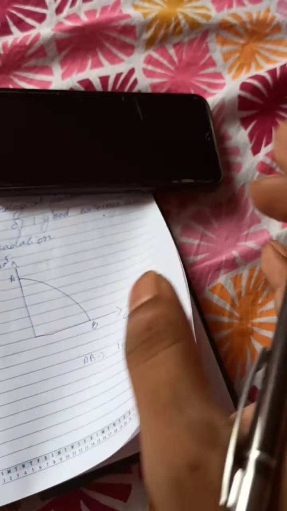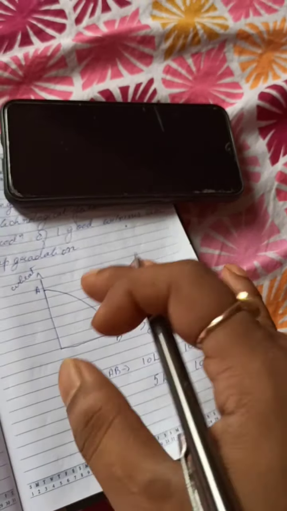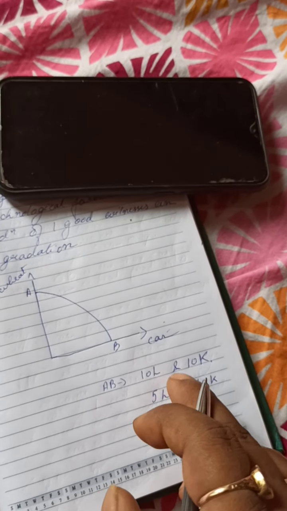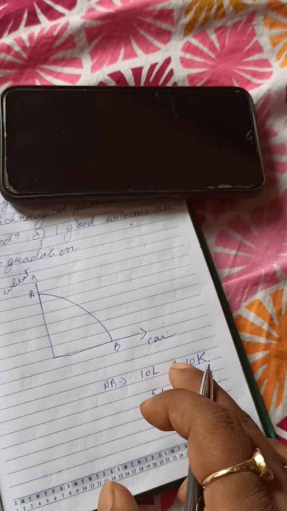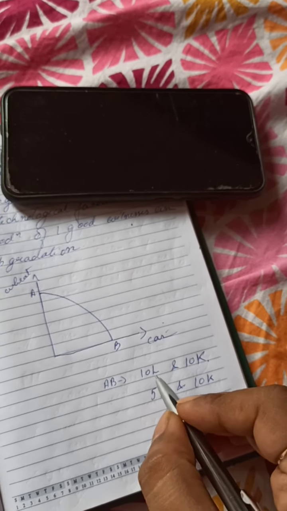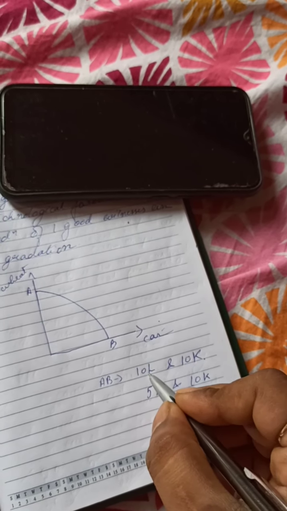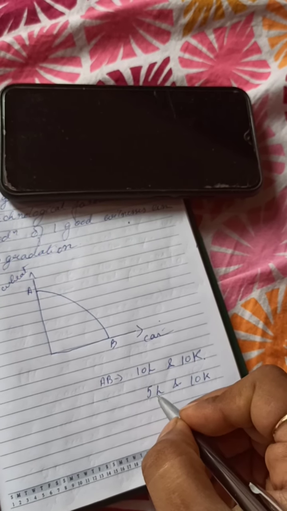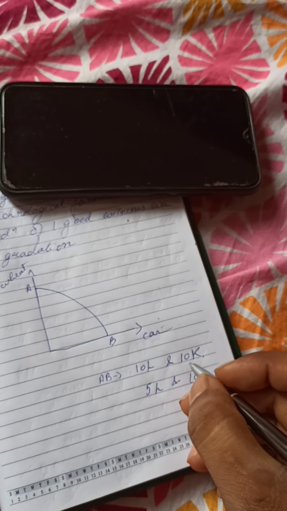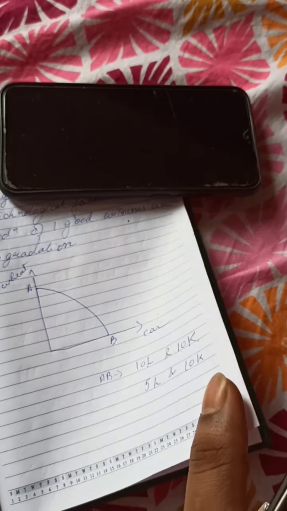Suppose that you have 10 labors and 10 capital, and as we know that the resource stock is subjected to change, in the next case, what we have done, we have reduced the labor stock from 10 labor to 5 labor. It might happen. Okay, and what we have done, we have kept capital constant.